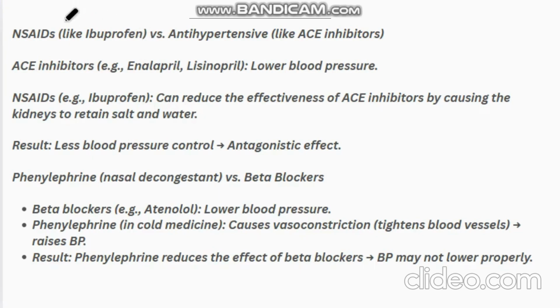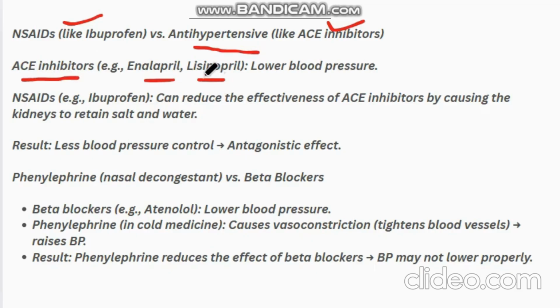We have taken the example of NSAIDs, that is non-steroidal anti-inflammatory drugs, for example ibuprofen, and antihypertensive drugs like ACE inhibitors, that is angiotensin converting enzyme inhibitors, which are used in the case of hypertension. ACE inhibitors, for example enalapril and lisinopril.